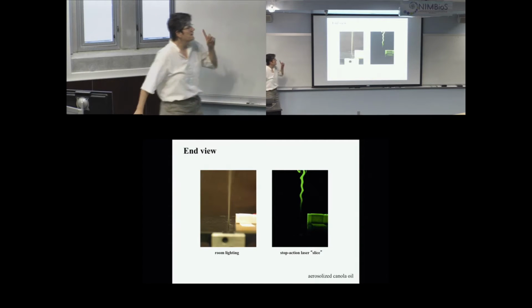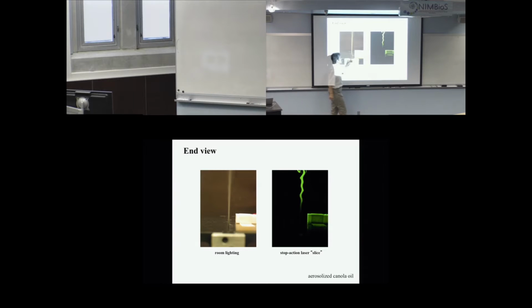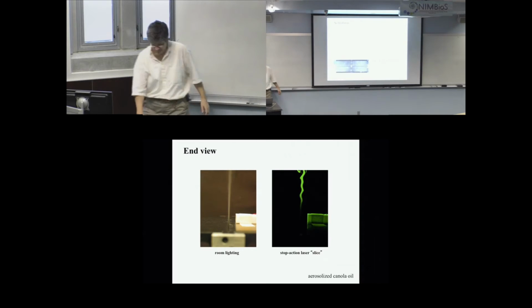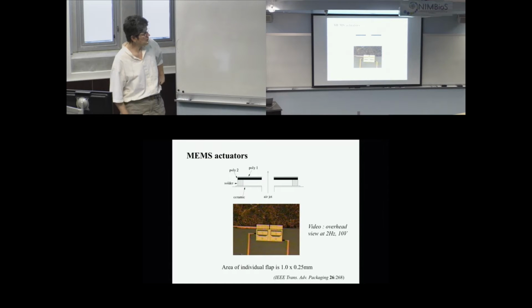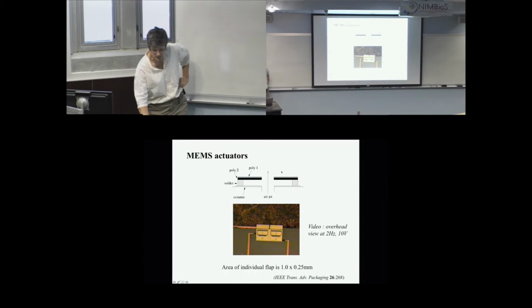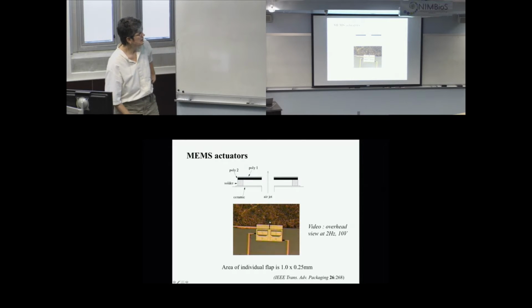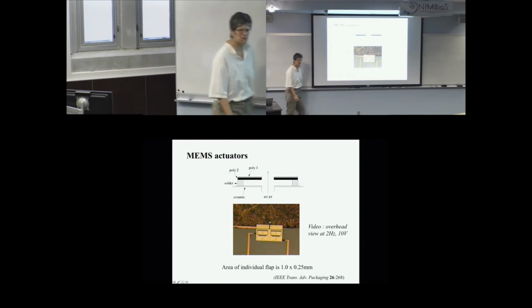Anyway, the point here is that this jet likes to wiggle like that. So maybe I could do something down here and either suppress that or make it wiggle more. And that's what we did. We used little microflaps, microelectromechanical systems, which are, hopefully my movie will work, little butterflies.